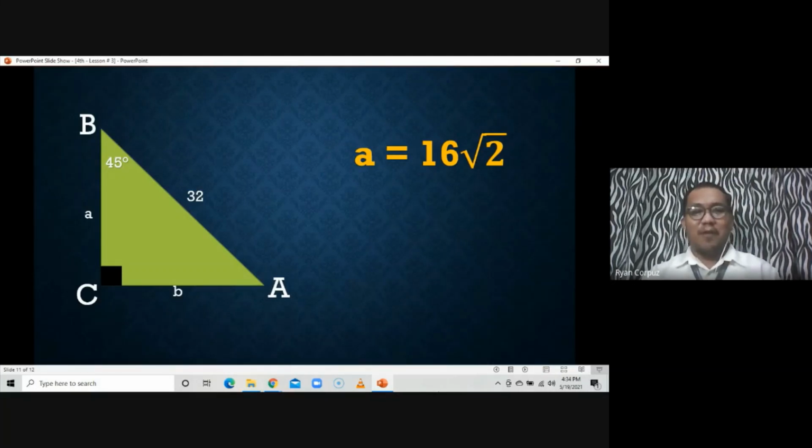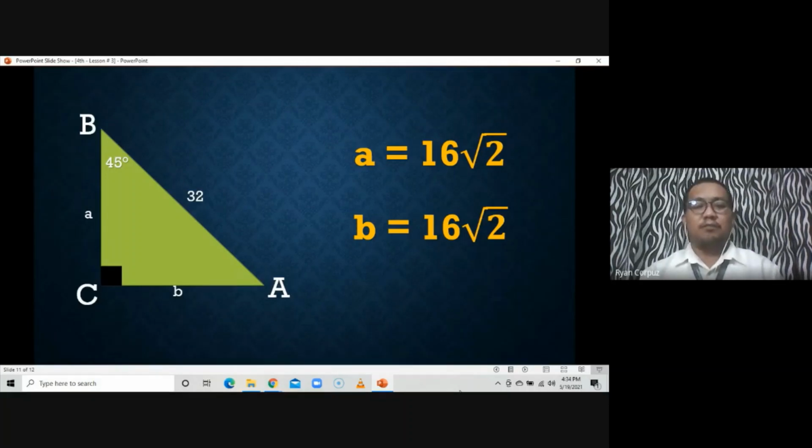Because ang magpo-form nga natin is an isosceles right triangle. So ang measure ng A ay 16 square root of 2, the measure of B is also 16 square root of 2. So that's how we answer or find the measure of the sides of that right triangle na ang given ay 45, 45, 90 degree special right triangle.